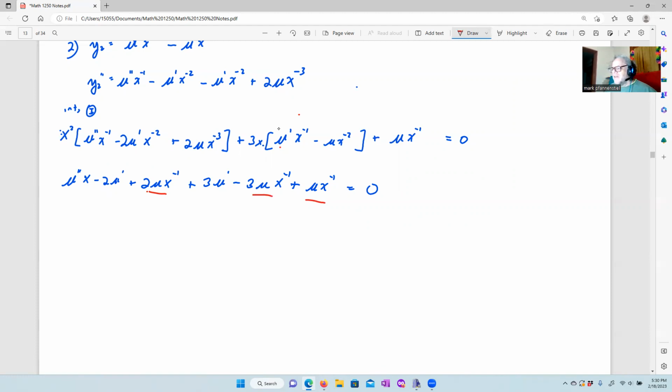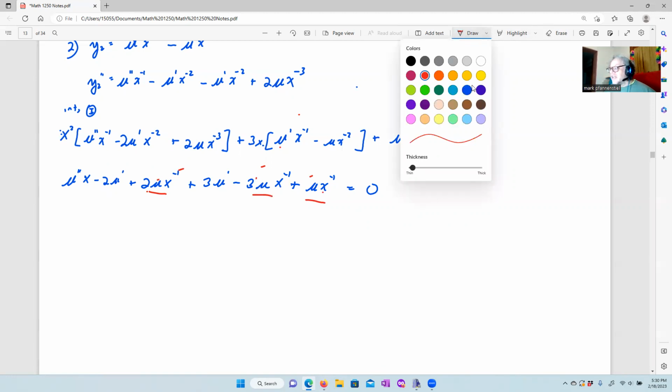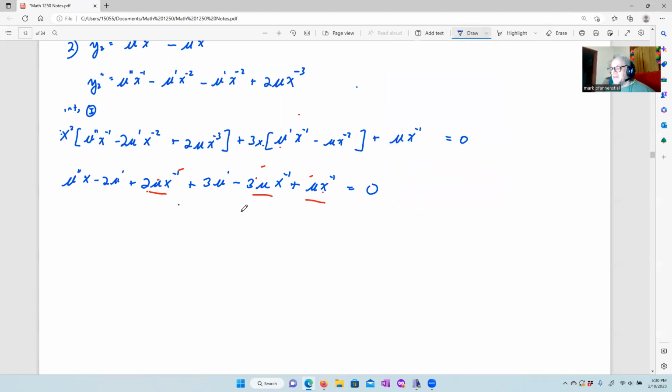Okay, so we have 2 plus 1 is 3 of these, minus 3 of these. So these are all going to cancel off. This is going to work every time you've got one of these. It's always going to turn out this way. If it doesn't, check your algebra, check your calculus to make sure you took the derivatives correctly. Those pesky signs are going to get us every time.